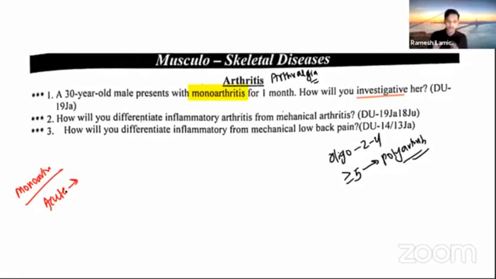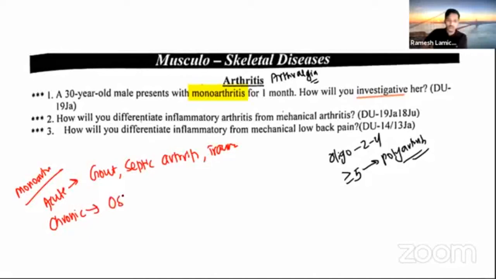If it is acute onset, it is usually caused by gout, septic arthritis, or trauma. These are the only three things you need to know. The chronic cause is only one, that is osteoarthritis. So these are the differential diagnoses for monoarthritis.